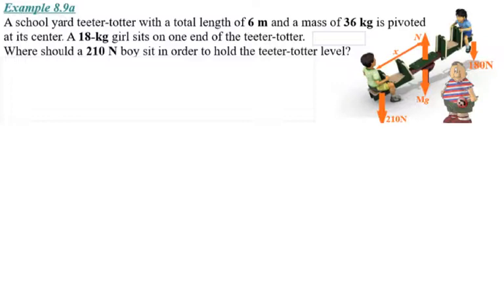So if I have the teeter-totter supported in the middle, that means there is the normal force acting on the teeter-totter, and there is the force of gravity acting on the teeter-totter.